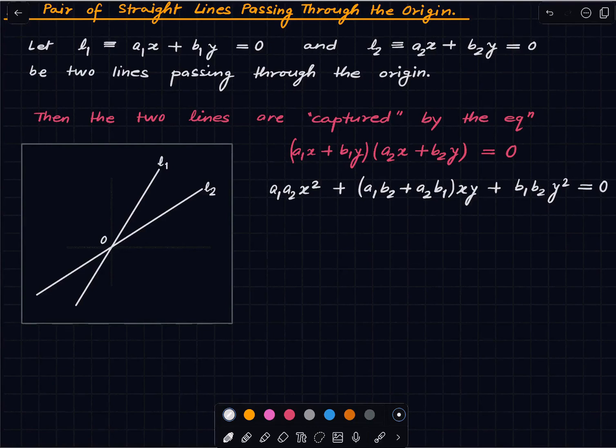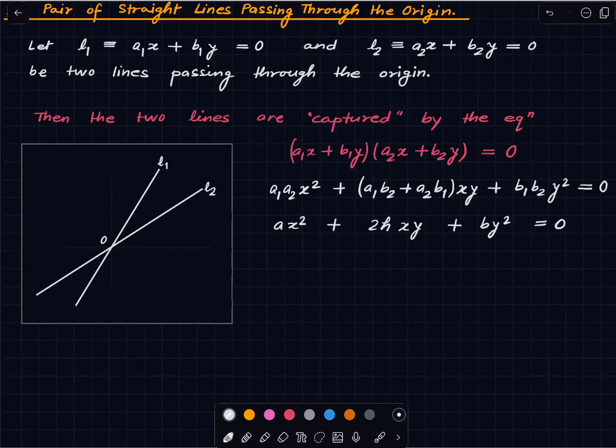Generally, it is of this form. We will prove everything properly. But as of now, we can see it looks like this. One can write it like this: some constant a times x square, customarily we have 2h multiplied with xy, and b y square.